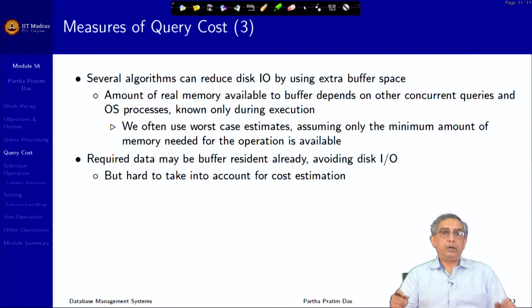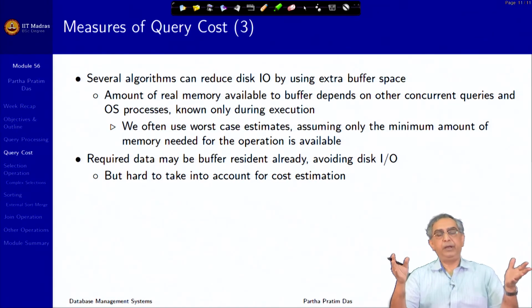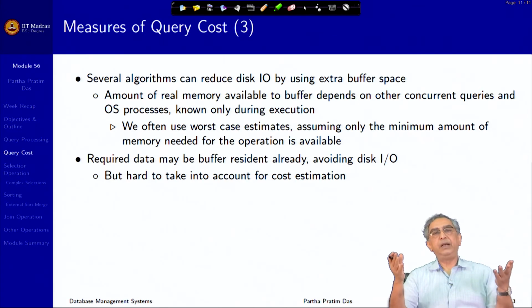But it depends on the number of concurrent queries, the OS processes, and all these, so it is very difficult to estimate in general. So, we typically talk about worst case estimates. This is very similar to the way we analyze algorithms, where we primarily talk of the worst case estimate.